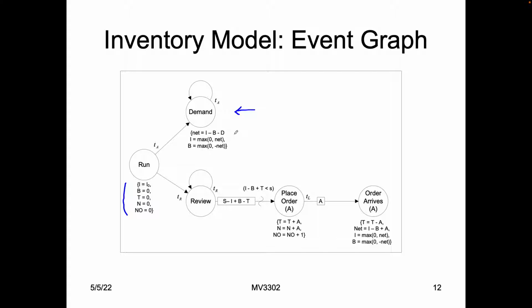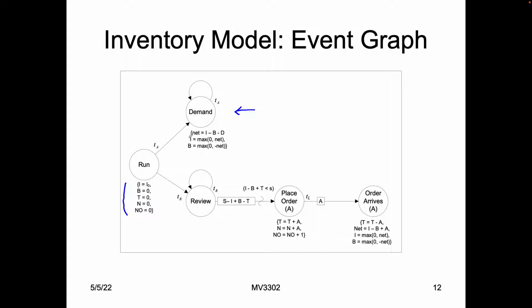One way of organizing how that impacts our state variables is to have a local variable called net. That's the amount we have on hand minus our back order, which gives us our net inventory position, and then we subtract the amount the customer demanded, because that will either put us further into a back order position or simply decrease the amount we have.